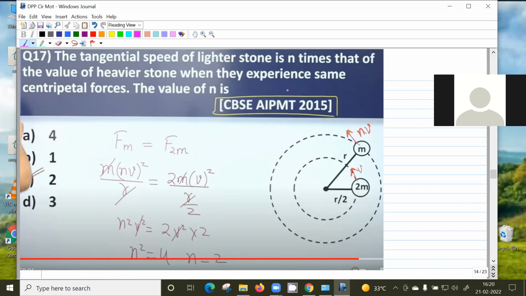Okay, here he has given the diagram, so they are moving in different radii. The tangential speed of the lighter stone is v. And the centripetal forces are the same, so from that you will get a value of n.